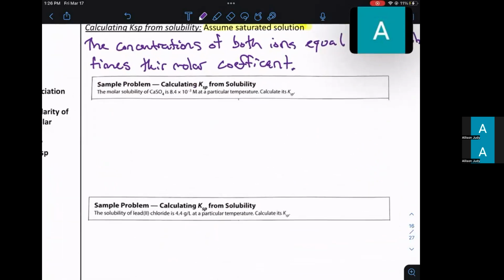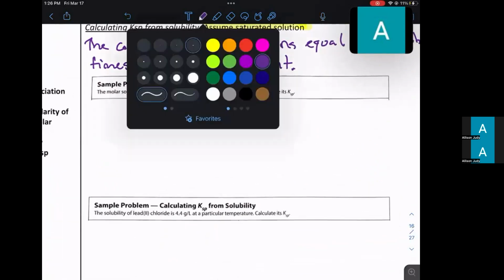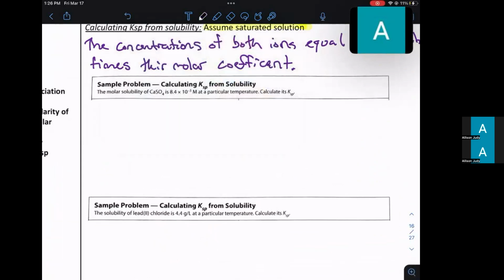We'll just do this first one together and then you guys can go off and do the next one or two. So they tell you the molar solubility of calcium sulfate is 8.4 times 10 to the negative 3 molarity. It's generally a good idea to write the equation, although this is a pretty simple equation.